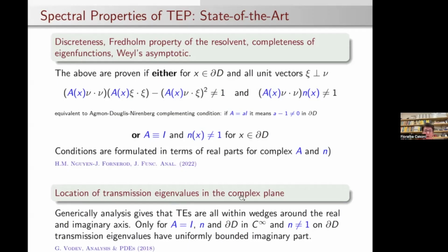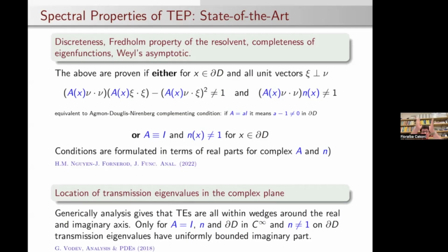So regarding the location of transmission eigenvalues in the complex plane, Vodev has contributed a lot in this direction. And basically, he has shown that only for the case of A equal to identity do we have that the transmission eigenvalues lie in a strip. Otherwise, if A is not identity, the transmission eigenvalues have imaginary part that blows up.